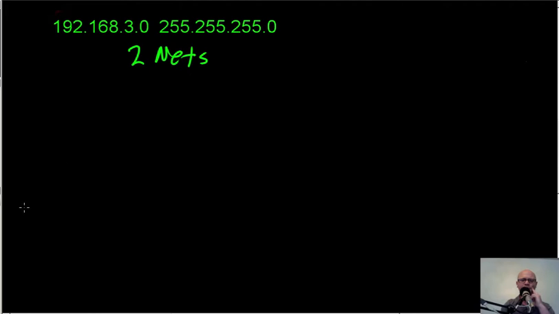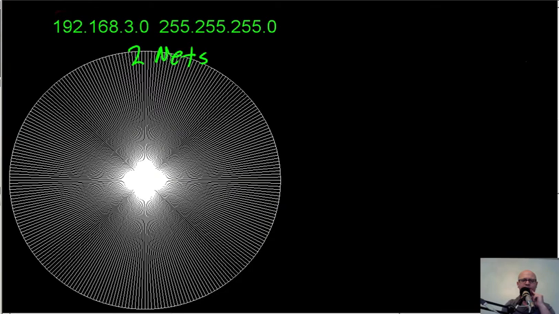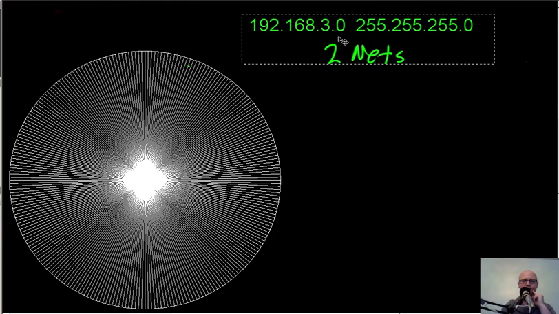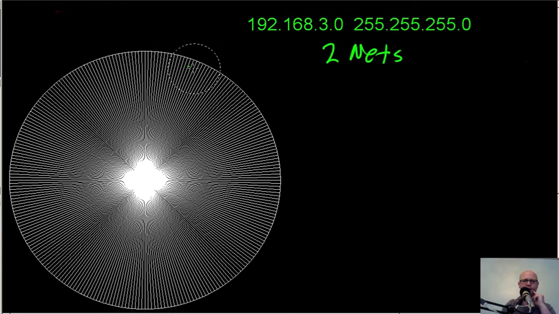I like to think of a Class C network like this as a big pie. So here we have a pie, and it might be hard to tell on your screen, but it's divided up into 256 even pieces.